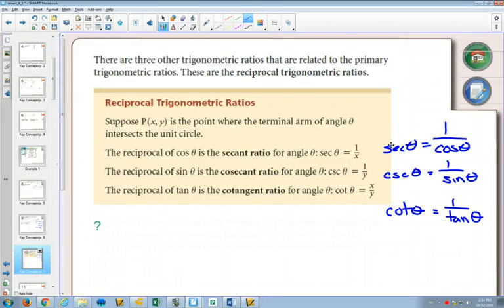And since tangent theta was sine theta over cos theta, we also know that cotangent theta is going to be cos theta over sine theta, just the reciprocal of tan. So you see how tan is sine over cos. If you do the reciprocal of that, you would get cos over sine. So these are some new trig functions that you haven't done before. They're called the reciprocal trig functions.